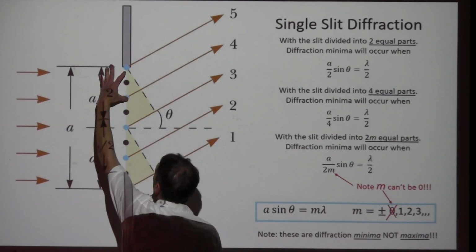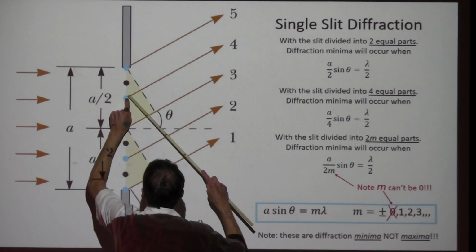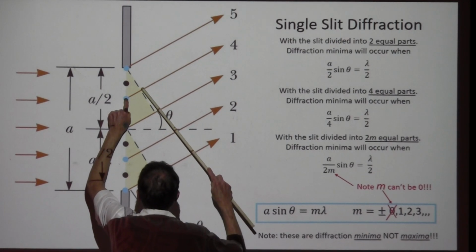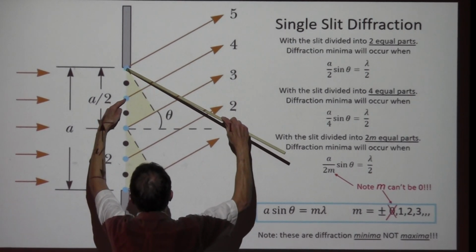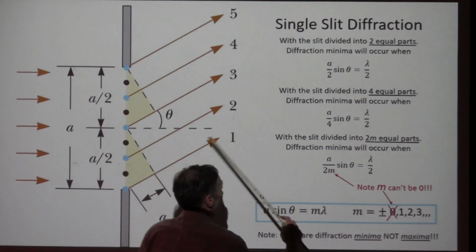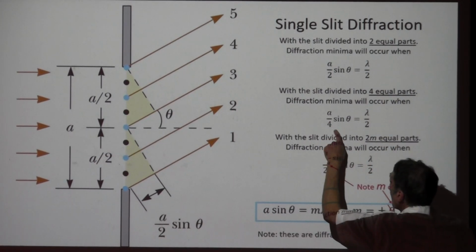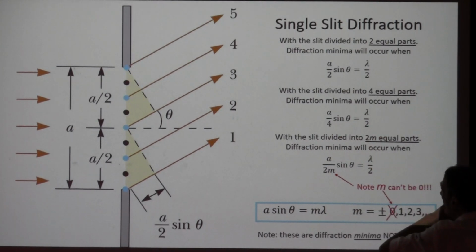If I pack in a half a wave in here, I'm going to get another destructive interference at some angle between these two. If I have these two canceling, then the next two cancel, and the next, and next, and next. So I can play with that idea. So that's a over 4, dividing that thing into 4 parts, equal to a half a wave.